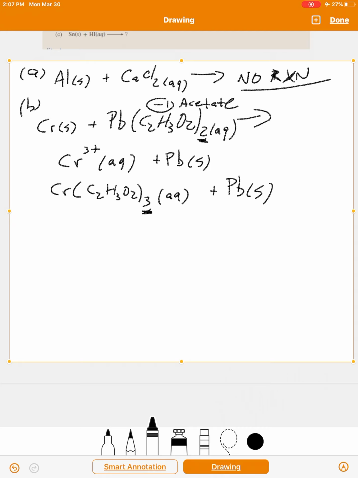So let's do this. Let's rewrite it just so that it is a little clearer. Boy, it's really hard to write these things when you have limited space, right?